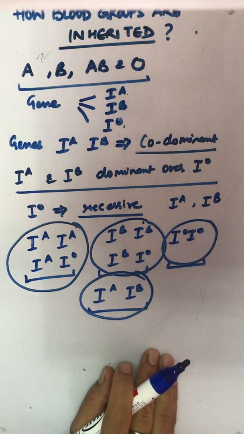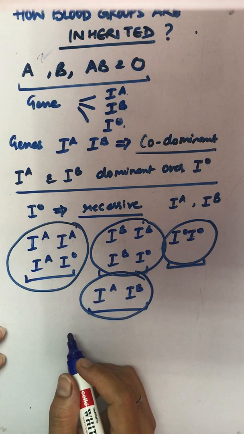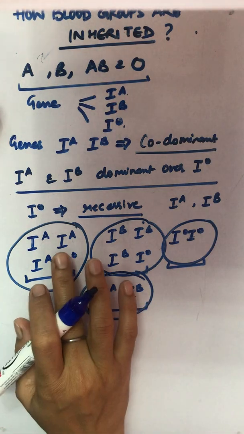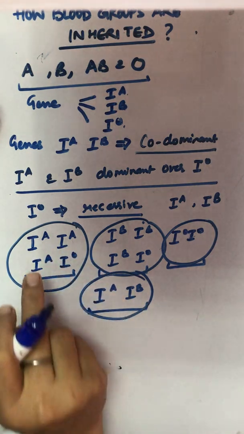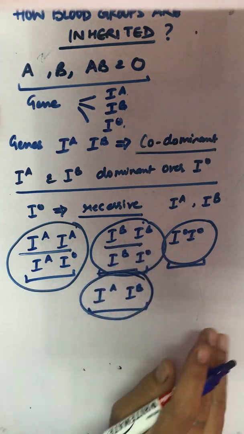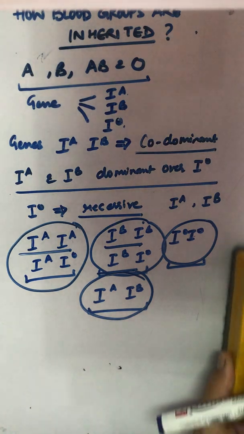Now, very simple, we have to carry it out in the form of a cross, where we say how these four forms are inherited. For this we are going to draw a table.